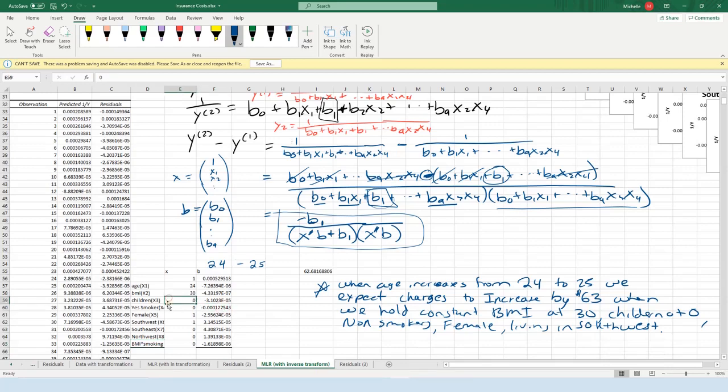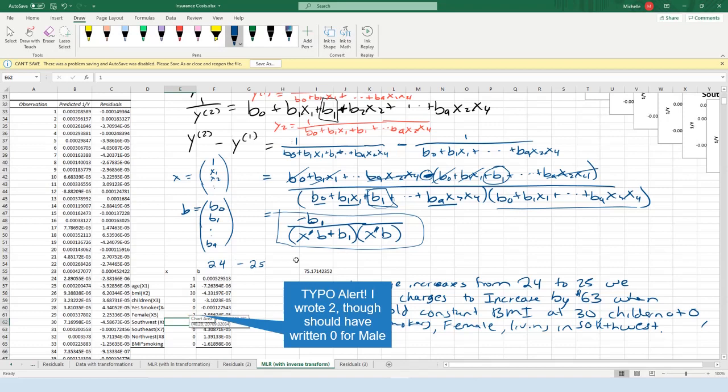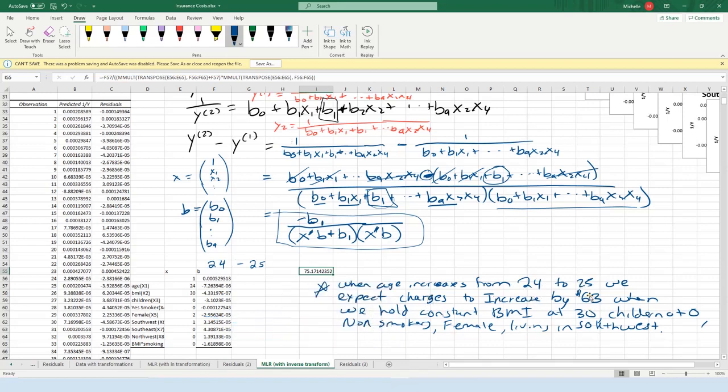When I change, so say I change to male, you see that number changes to now $75. So when a male increases in age from 24 to 25, we expect his insurance cost to increase by $75. So, you know, that transformation had a huge impact on the way we are now interpreting these beta coefficients, or these estimates of the beta coefficients.